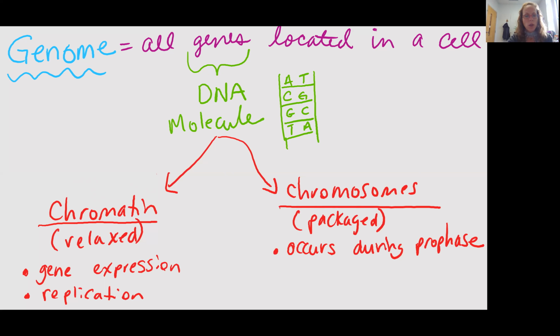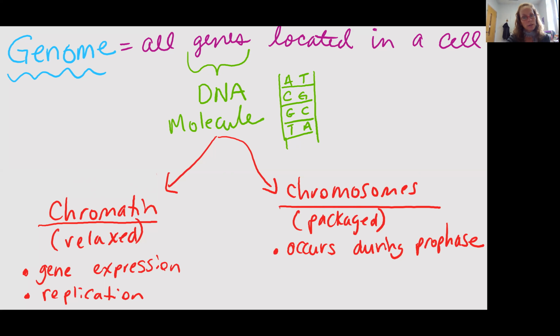We've also described that our DNA molecule in the cell is going to be in one of two forms. So it's either going to be in the chromatin super relaxed form. In the chromatin stage, that's when our DNA is going to be doing the job of gene expression, meaning getting those instructions out to the ribosome to make proteins, and also DNA replication, which we've talked about now as occurring during interphase, that time in the cell cycle when the cell is busy doing its job or preparing for division.